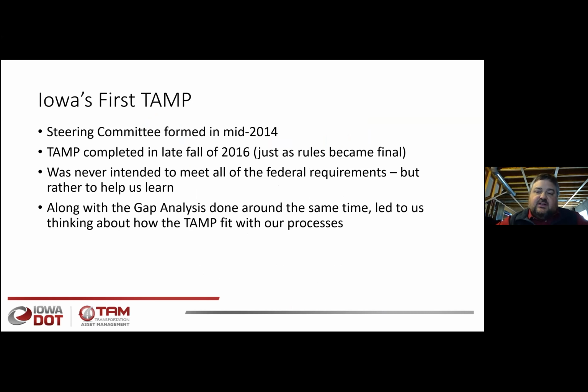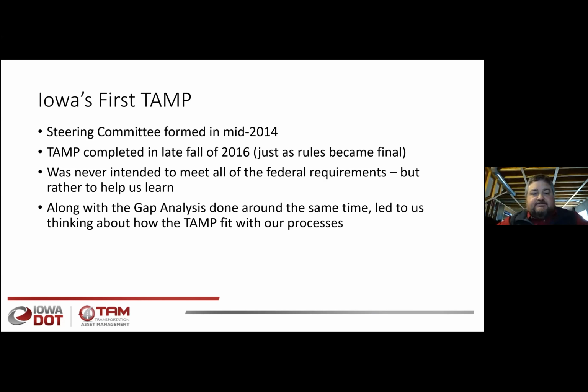So when we talk about our initial TAMP, we actually had a TAMP before the initial TAMP that was required by Federal Highway. We completed that in fall of 2016, just about a week or so after the rules became final and became regulation. That TAMP was never really intended to meet all the federal requirements, but rather to help us learn and grow.